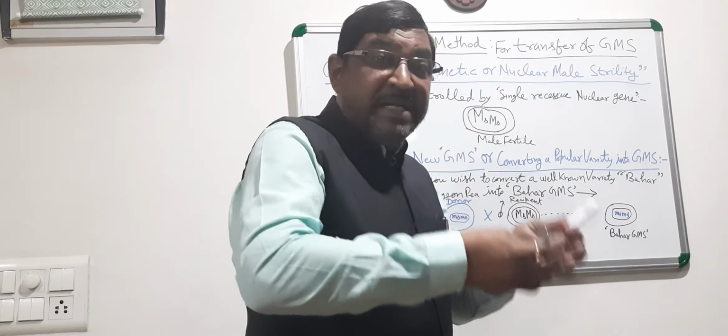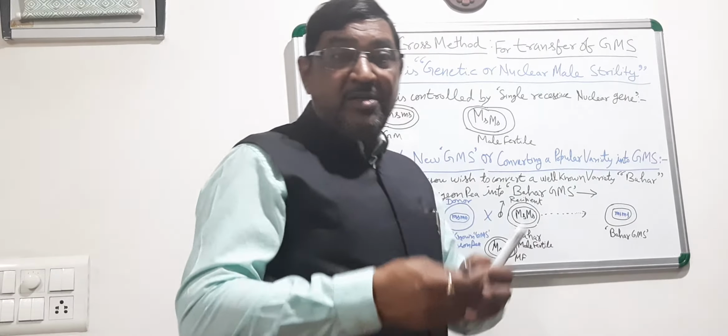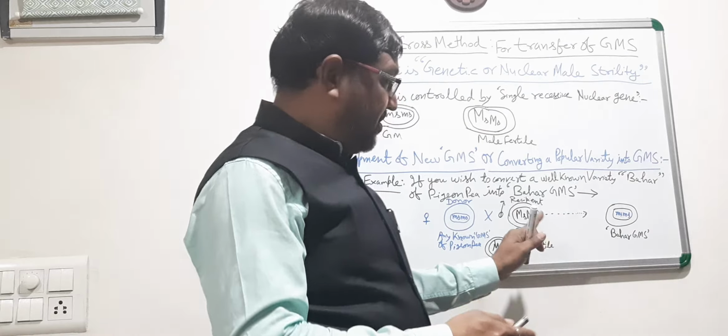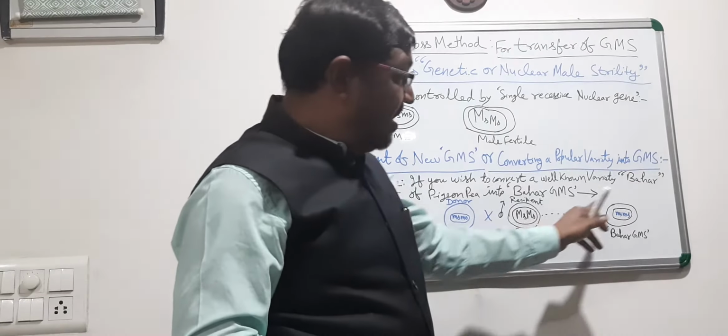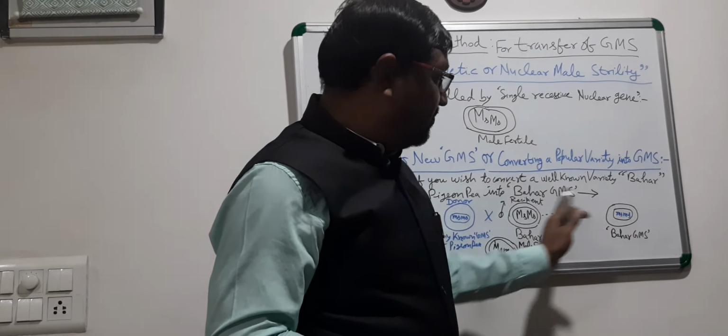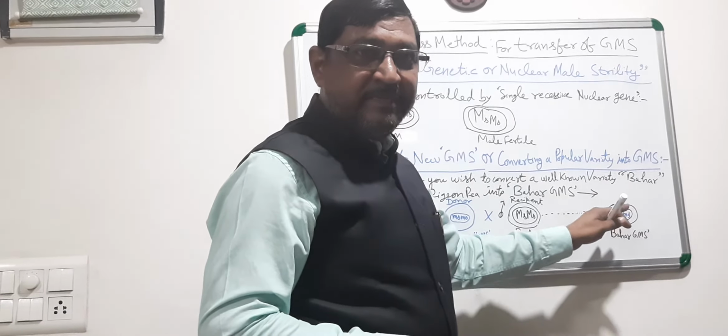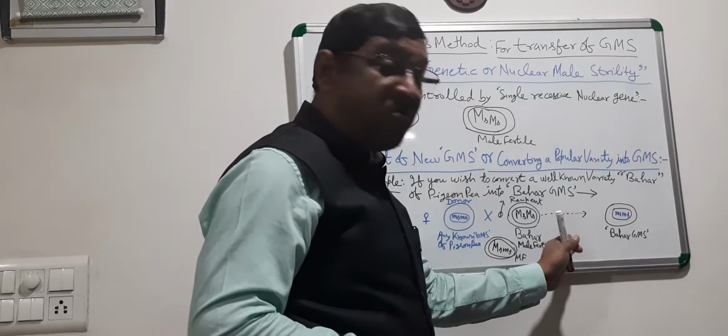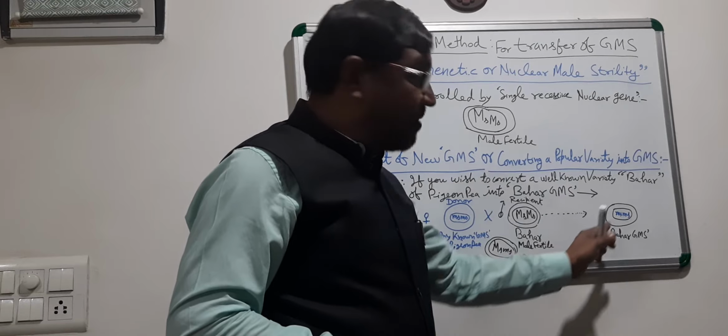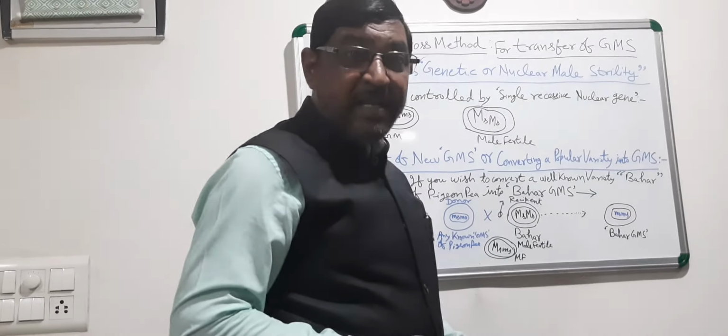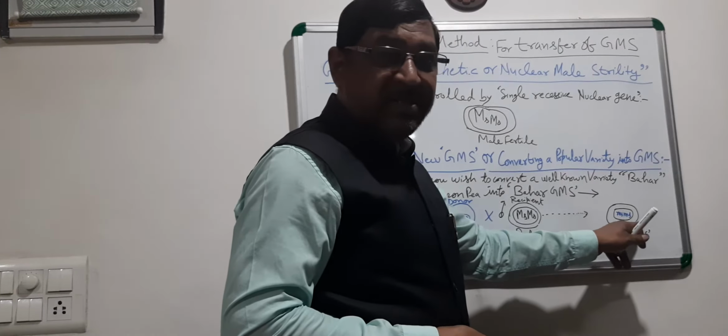So how are you maintaining this Bahar GMS? It will be lost if you are not growing the normal Bahar along with it to have pollination. Then you are going to get capital MS, small ms, which will be male fertile. Then you go for backcrossing with this.